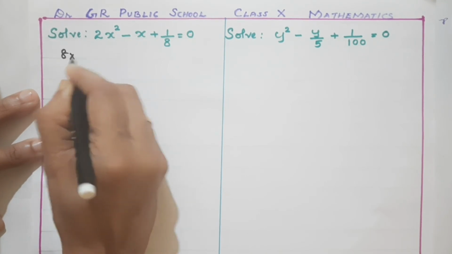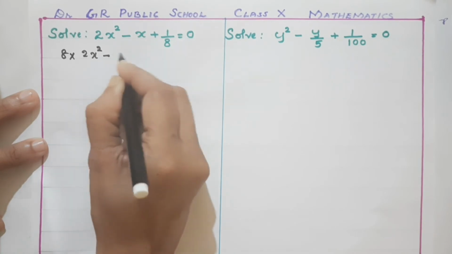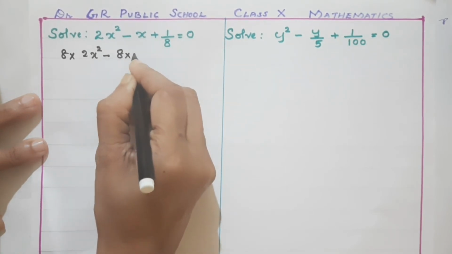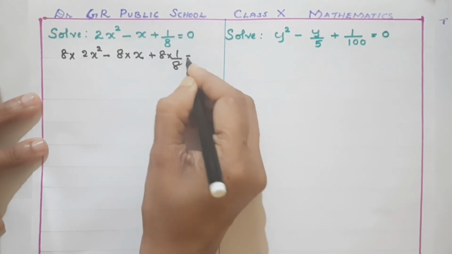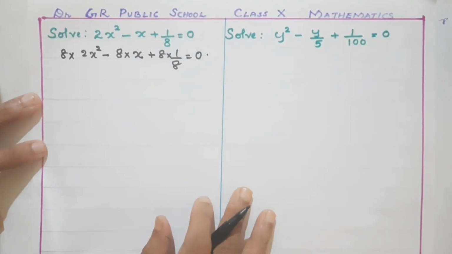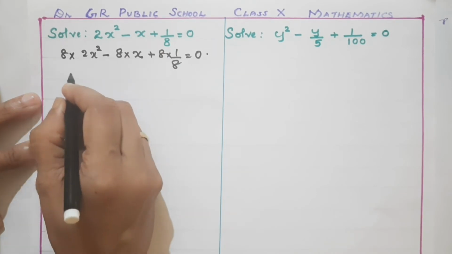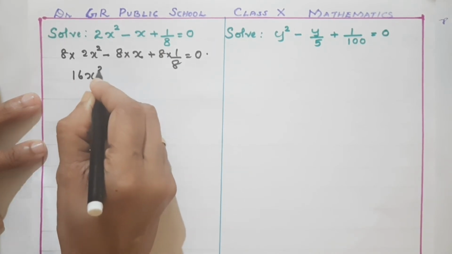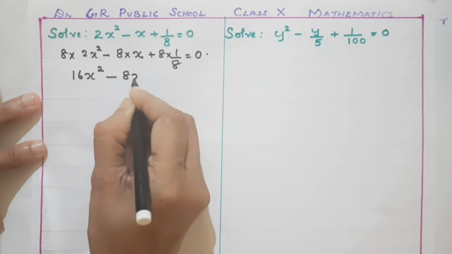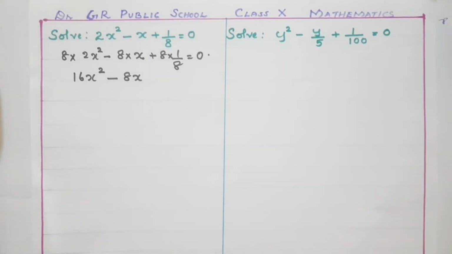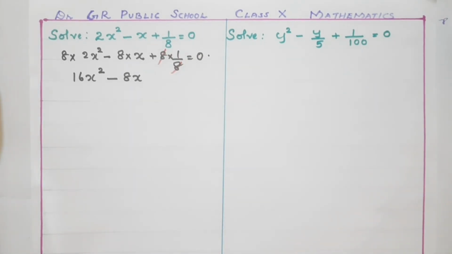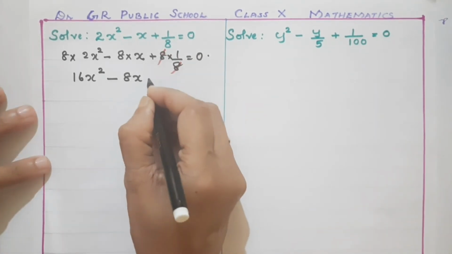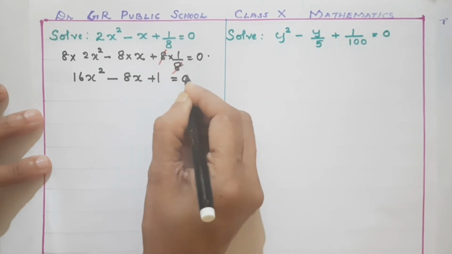So 8 into 2x square minus 8 into x plus 8 into 1 by 8 equal to 0. Okay, here it is 16x square minus 8x. Here 8 and 8 will cancel. What is remaining? Plus 1 is equal to 0.